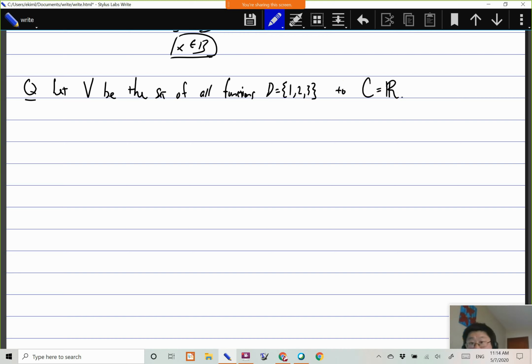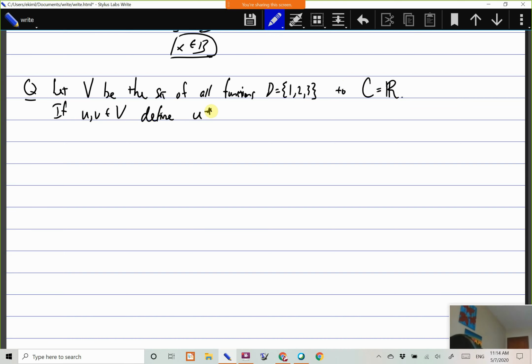And as part of this question, if little u, little v belong to capital V, then we define u star v. I'm defining what star is to be the following. u star v is defined to be the sum from i equals 1 to 3 of u of i times v of i.